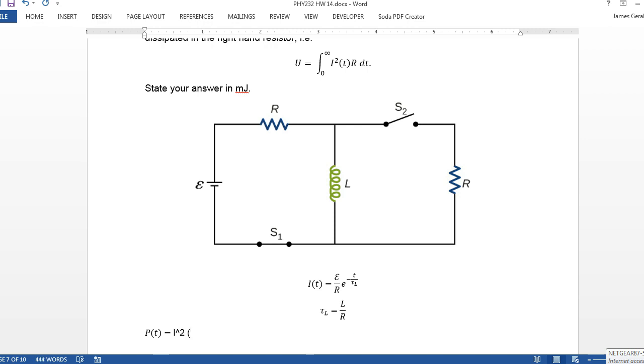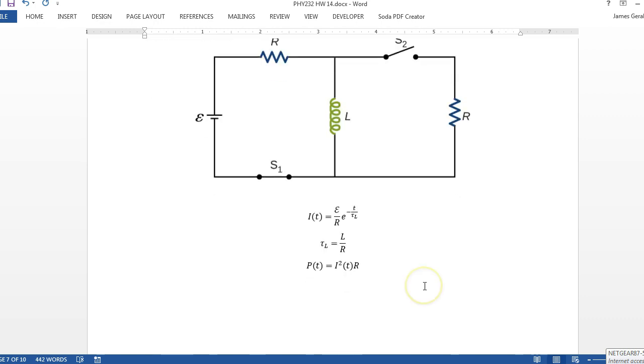I squared R, so that's just the power, right? And if we want to look at what energy is dissipated in any given little bit of time, well, P dt, or I squared R dt, is energy, and so we're just going to sum up all the energy dissipated over all of time, right?